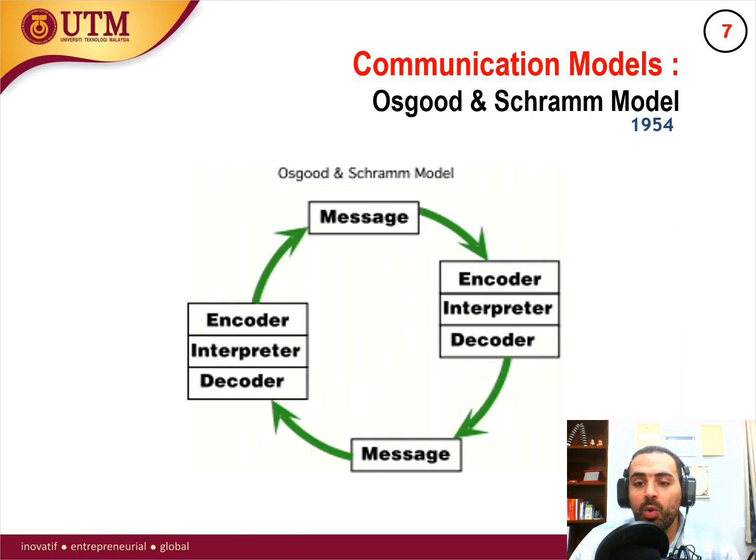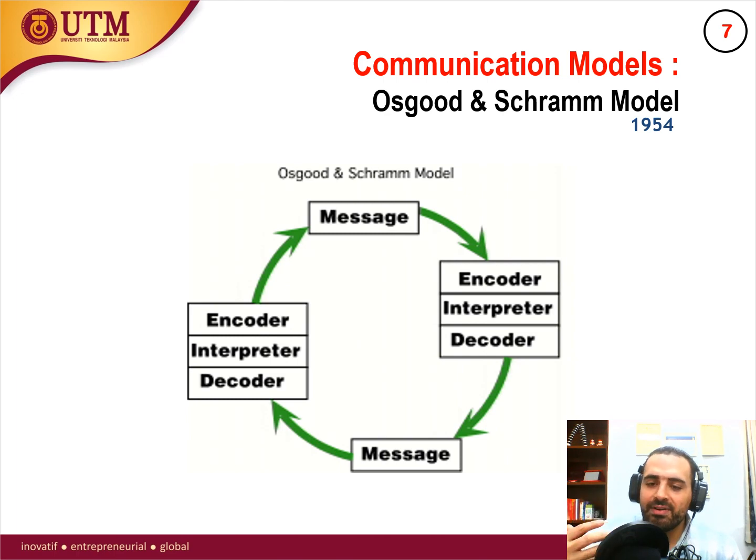Moving on to our second model in communications, which is the Osgood model. This model is all about a circle. What goes around comes around, all right? So we have the same elements, but a different arrangement. We have the decoder, interpreter, encoder, and then we have the message, and it goes around and around.